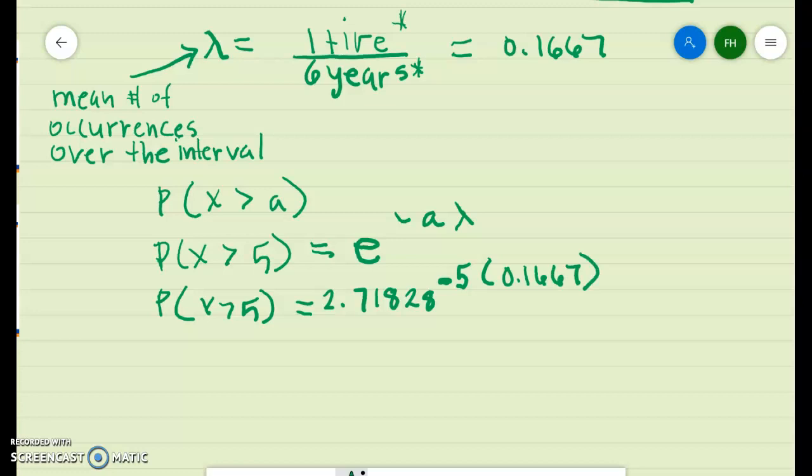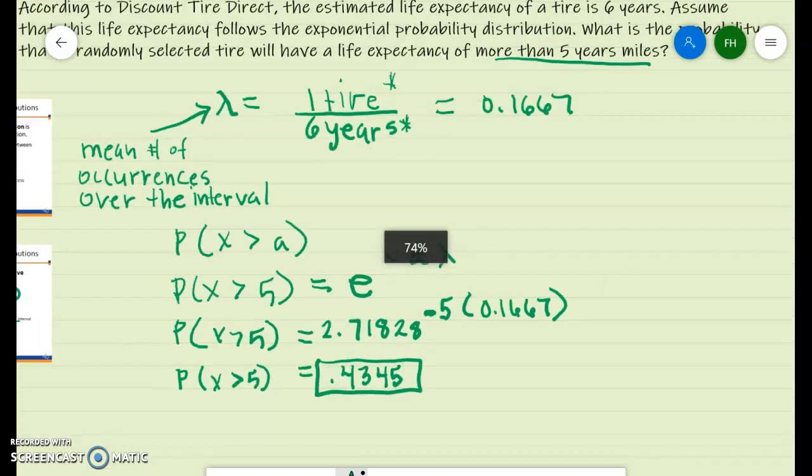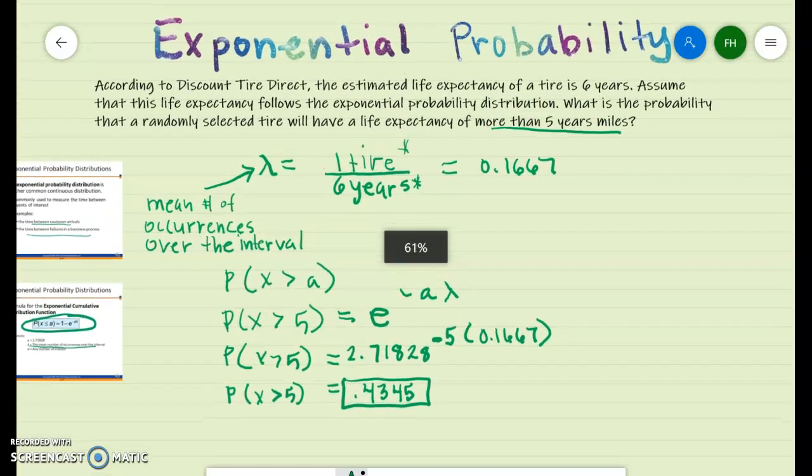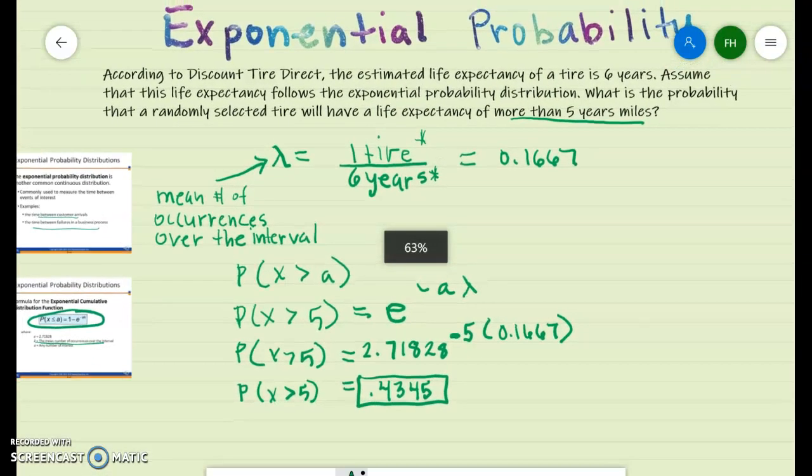And then if you plug that into your calculator, the probability that x is greater than 5, you should get 0.4345 for your answer. So that would be how you would do exponential probability when it is greater than.